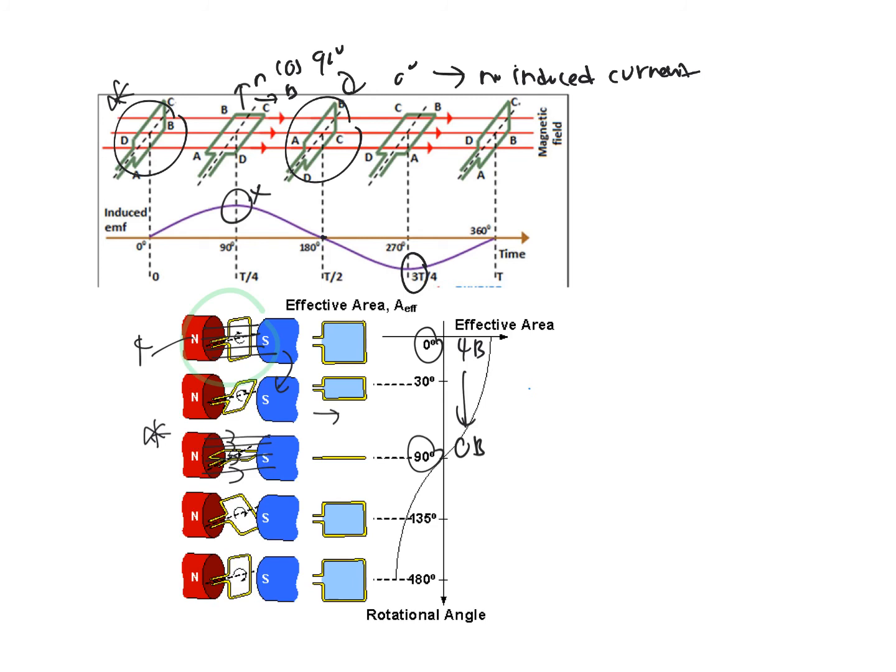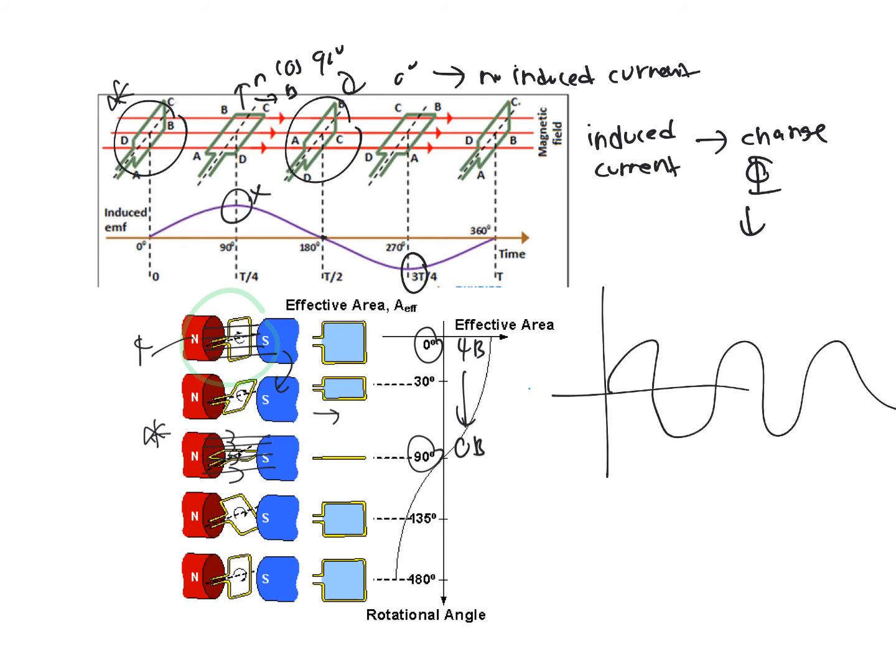If the amount of magnetic field passing through a loop is constant before and after, it causes 0 induced EMF, no change. You need to understand that for induced current to be produced, there definitely needs to be a change of the magnetic flux, meaning a change in the amount of magnetic field passing through a given area. That's the reason why you get this sinusoidal shape for the AC generator.